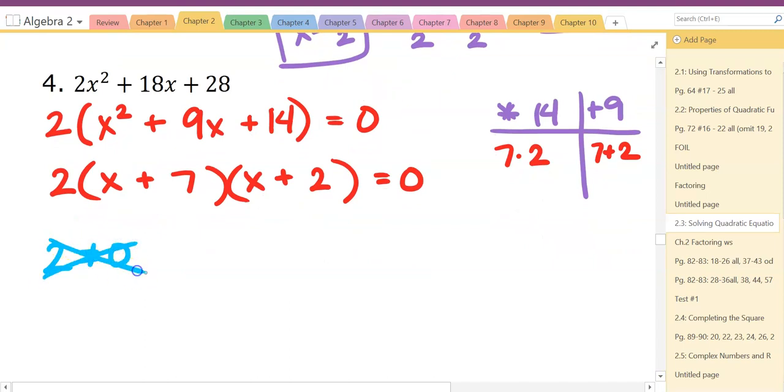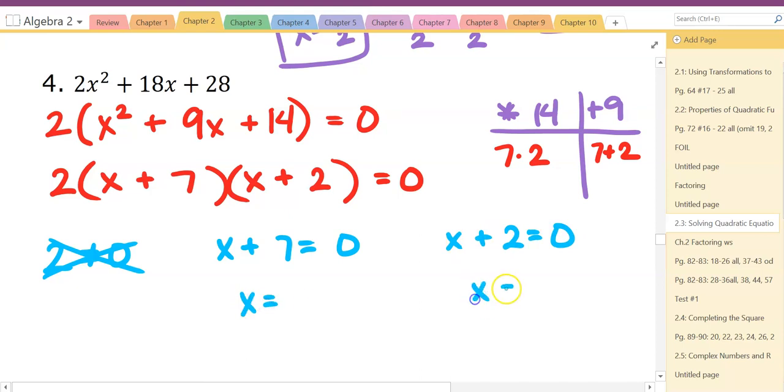You can just scratch that one and not worry about solving it. It's not going to affect this problem at all. But then I do my x plus 7, I set that equal to 0. And then my x plus 2 and set that equal to 0. So what do I get for solutions here? Good. Negative 7, negative 2.